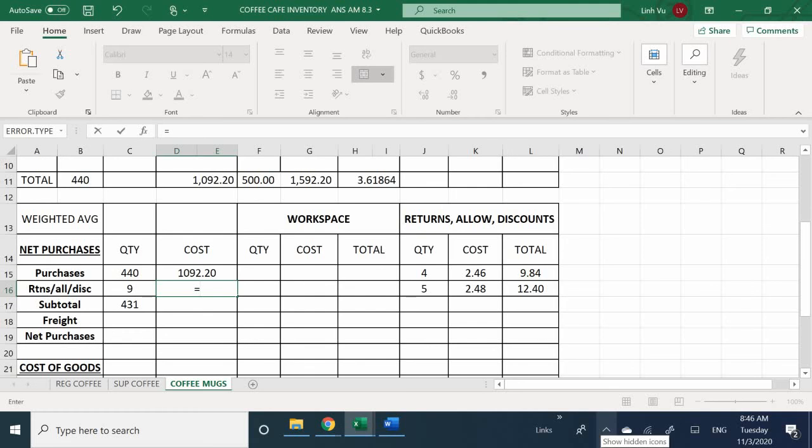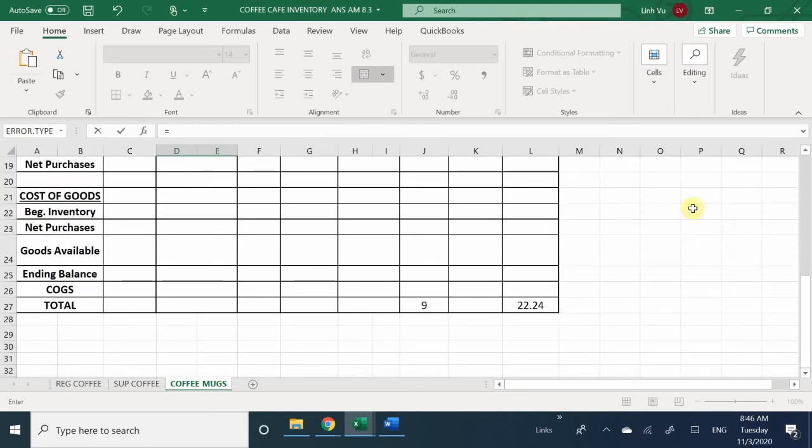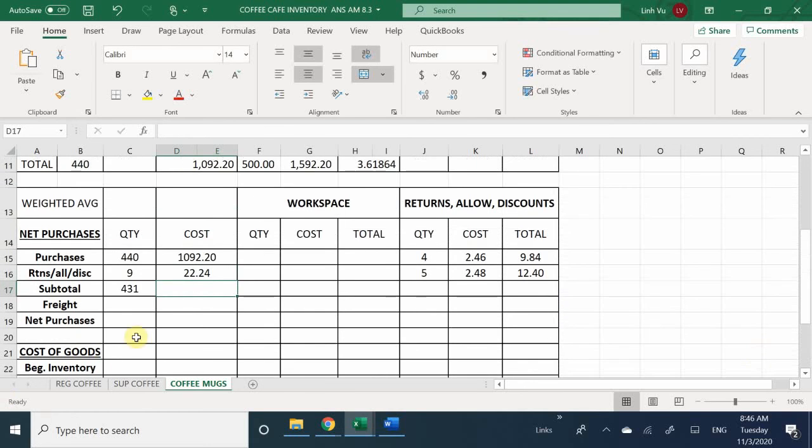How much was my total cost for the purchase returns and allowances? 22.24. Right, same thing here. We're going to subtract them out.